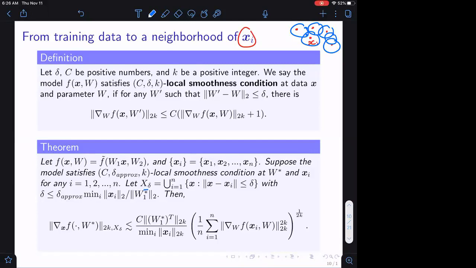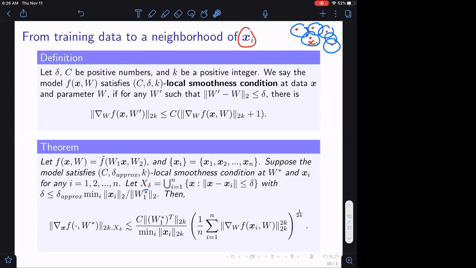So what the theorem says is that suppose my model function satisfies this technical condition which we assumed earlier, which is not so strong.